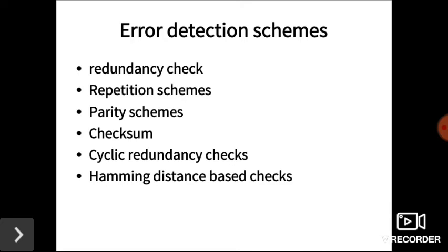Then, cyclic redundancy checks. This is a more complex error detection method that makes use of properties of finite fields and polynomials over such fields. The cyclic redundancy check considers a block of data as the coefficients of a polynomial and then divides by a fixed, predetermined polynomial.